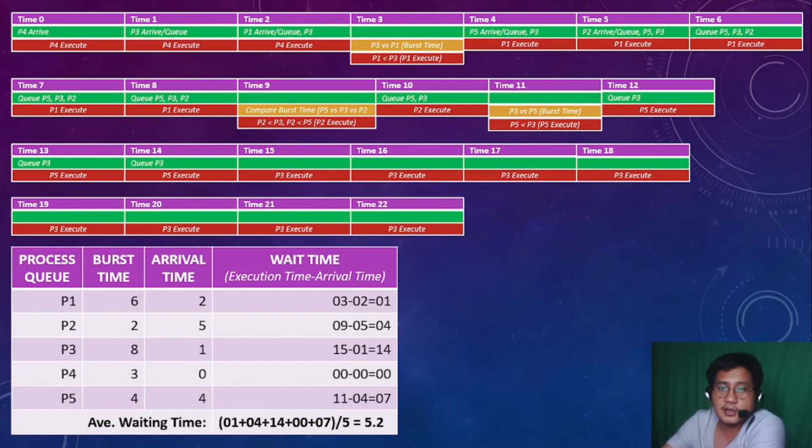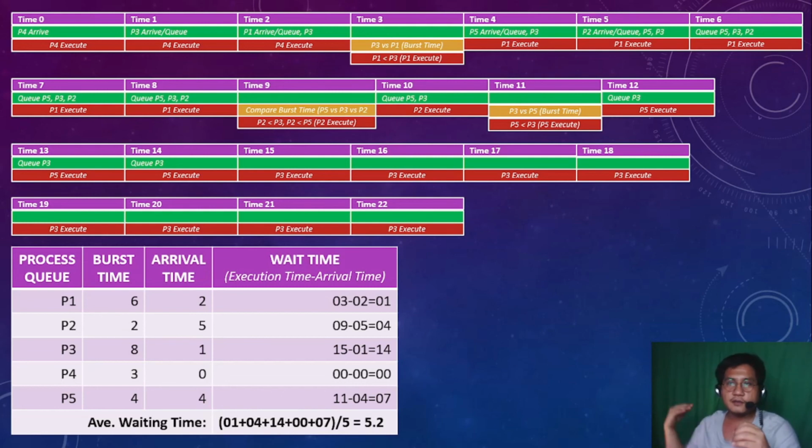Now, that is how the shortest job first works. First, the first job will get executed, the one that arrived first in the queue, and then when another process comes in, it will wait for the first job to be completed.